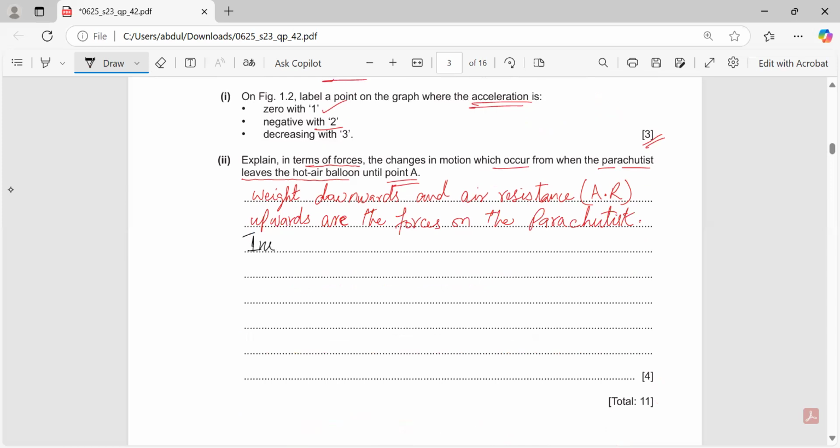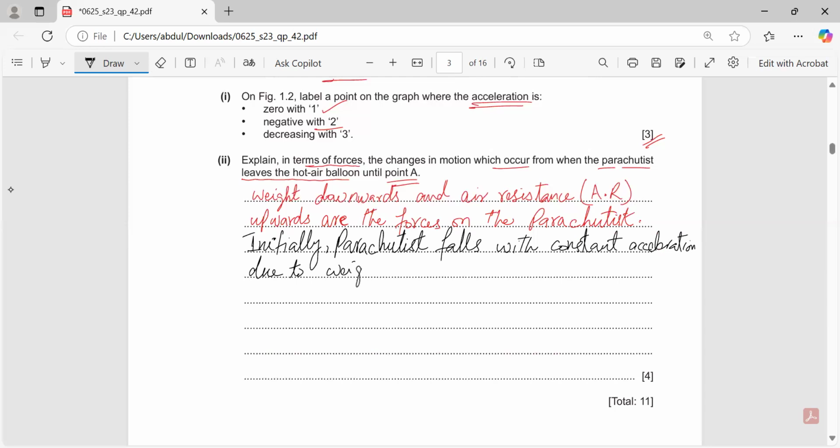We can say initially the parachutist falls with constant acceleration due to weight, which is the force of gravity. This is the second mark.